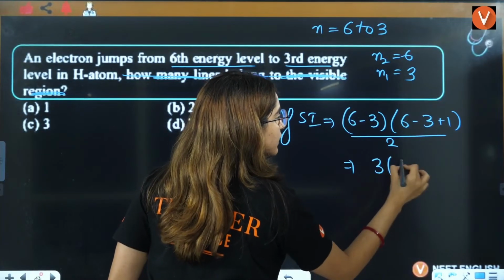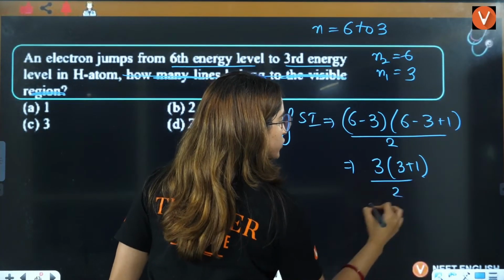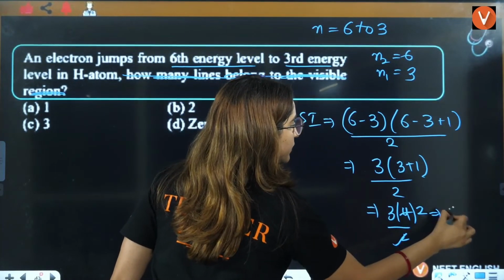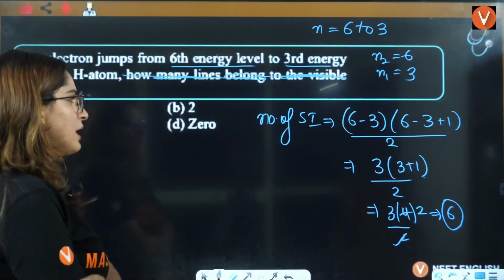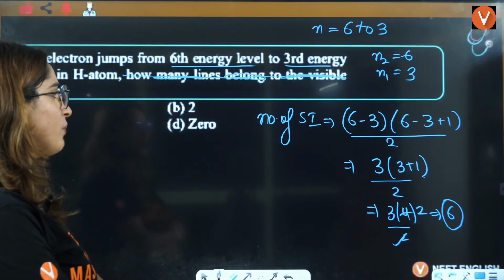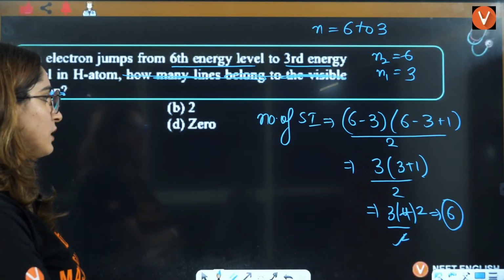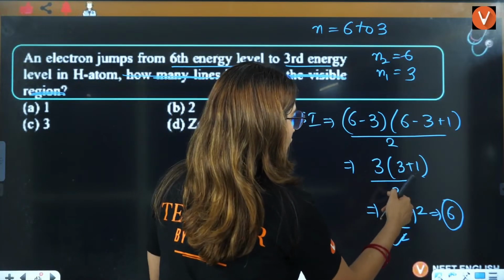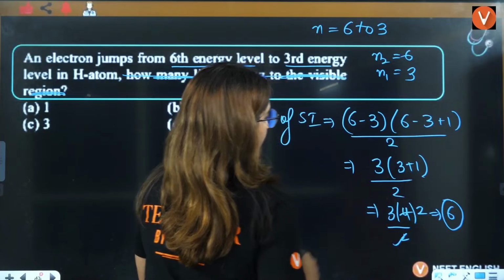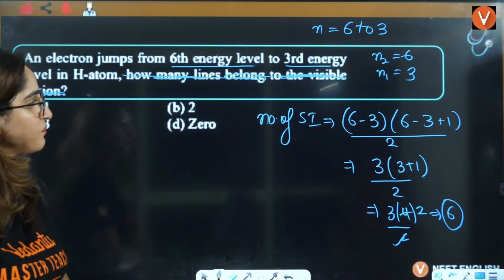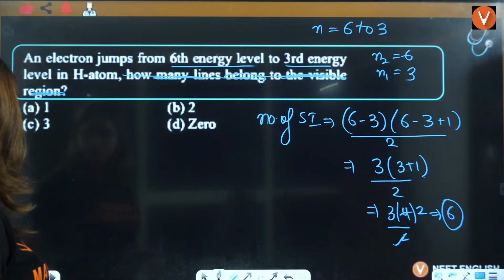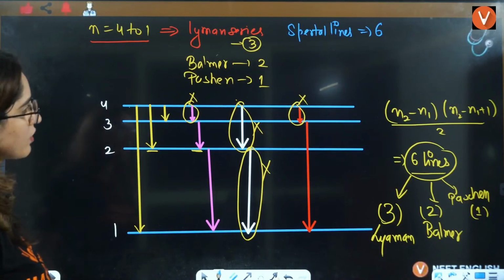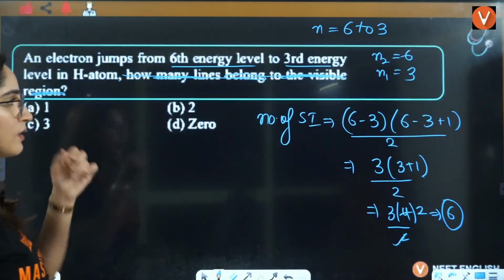That is 3 times 4 by 2, which is nothing but 6. Okay, everybody? Now, let's talk about this one.